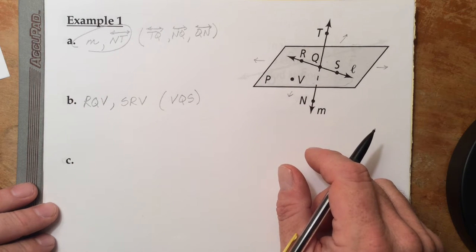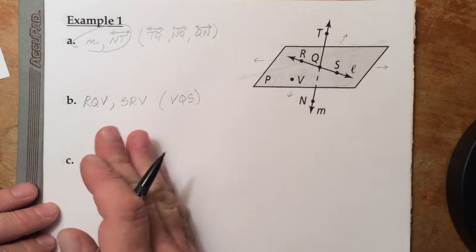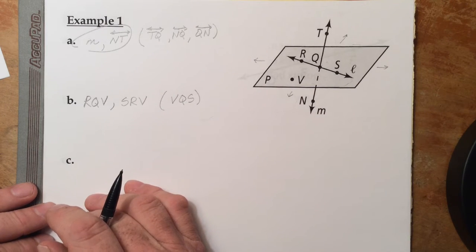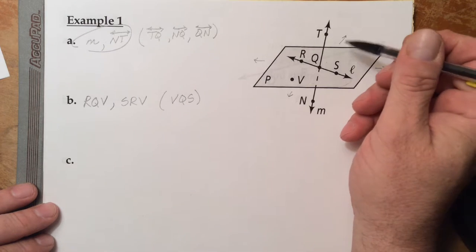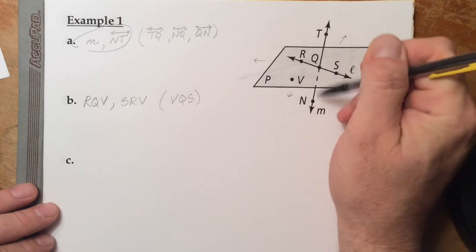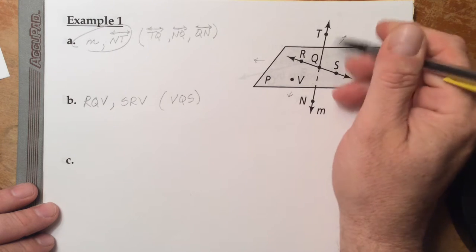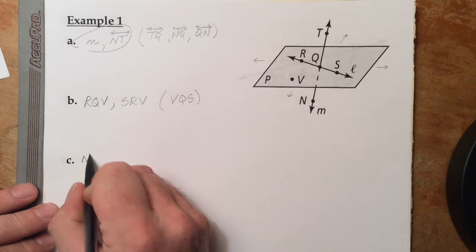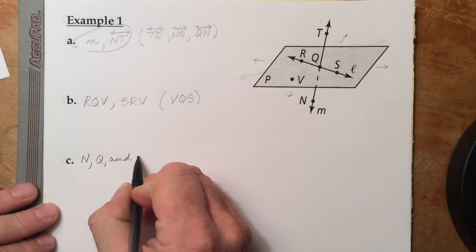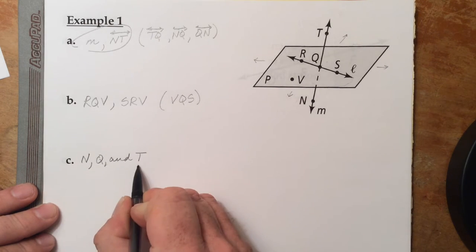And we're going to separate them with commas so that they're 3 distinct points. One combination of 3 points that are collinear would be points N, Q, and T. They're all in a line, or they're collinear. So point N, point Q, and point T. These are all collinear points.